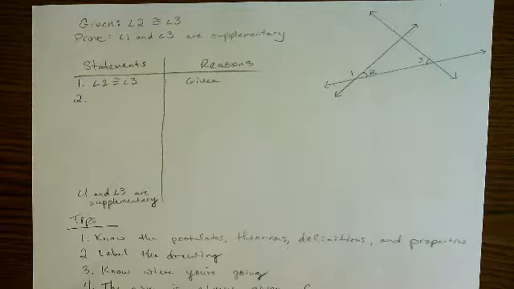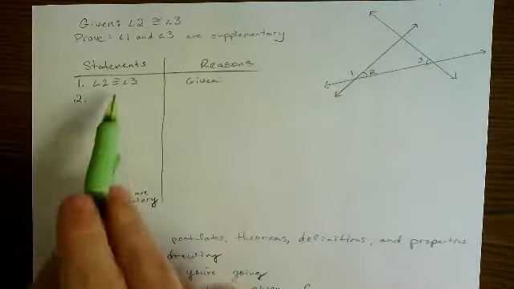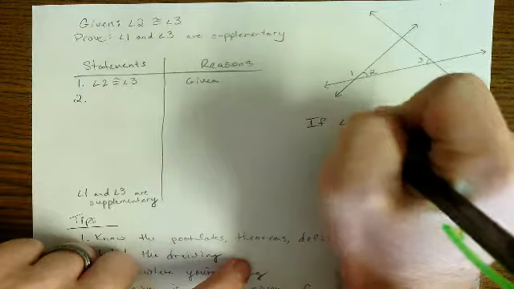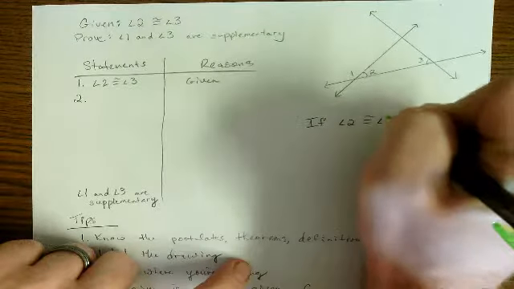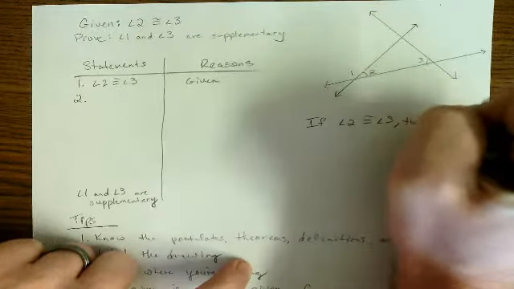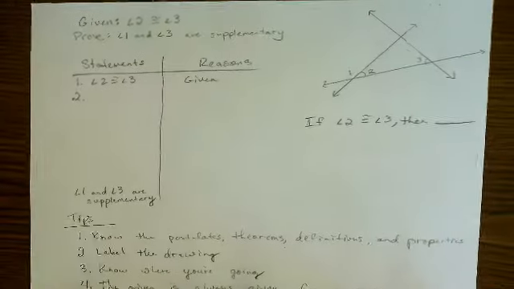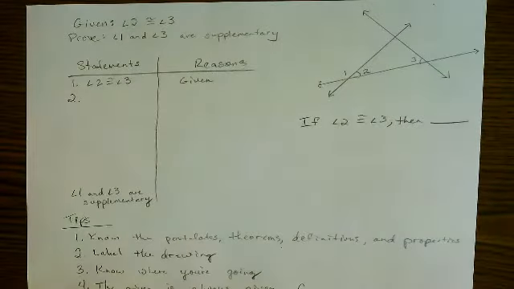So when I'm coming up with the next step to go from here, what I want to think of this as is an if-then statement. If angle 2 is congruent to angle 3, then what? What can I say based on that statement? You can treat it simply.